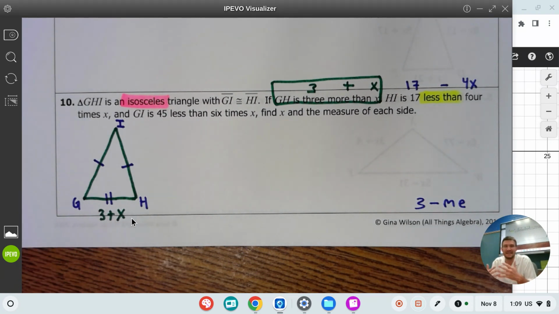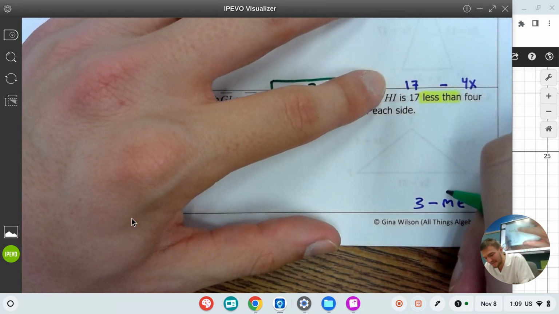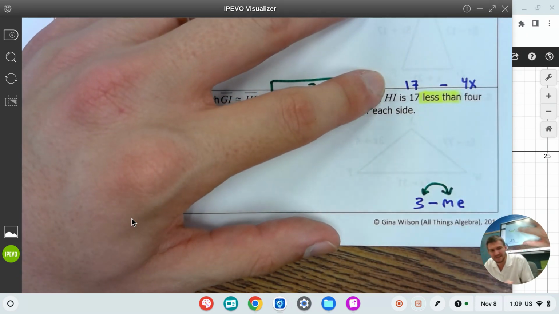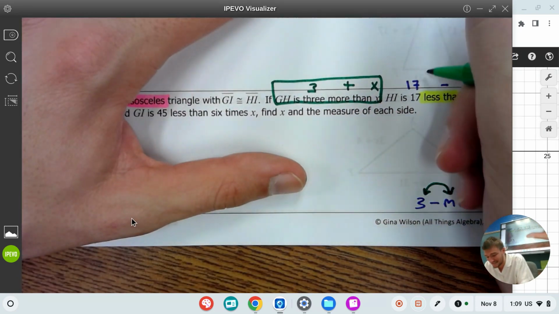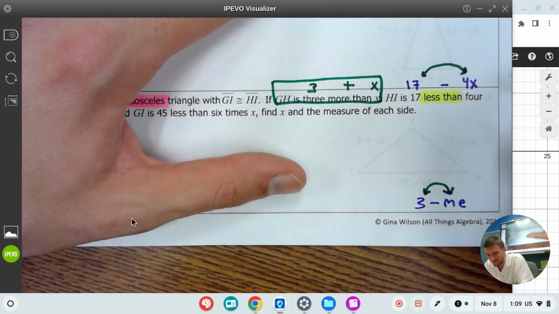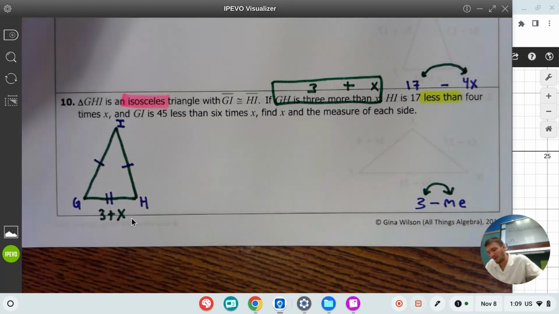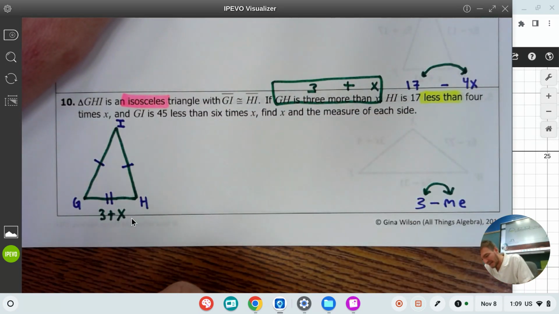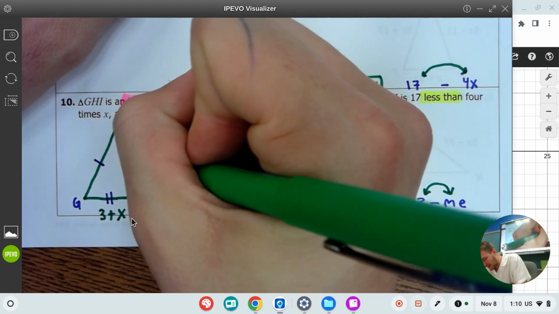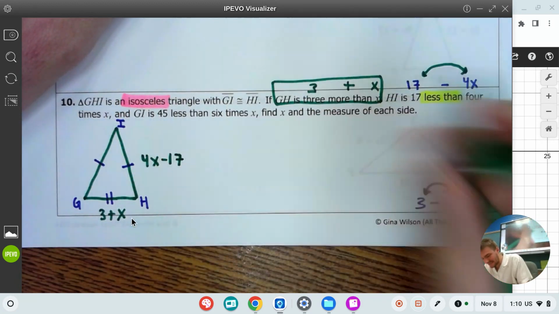No, that wouldn't. I'd get a negative number. Right? My brother's not a negative years old. If I said my brother is 3 years less old than me, the less than actually ends up needing these to be switched. I don't know that I explained that super well, but the bottom line is less than, you got to switch the order of these two things. Okay? So, our actual HI is 4x minus 17.